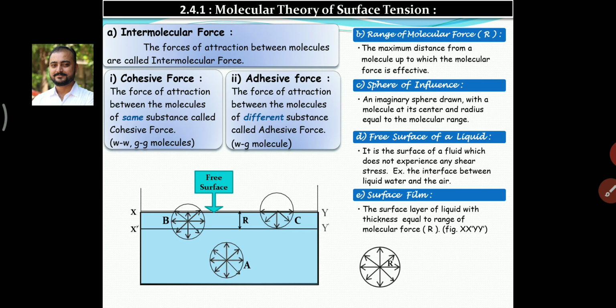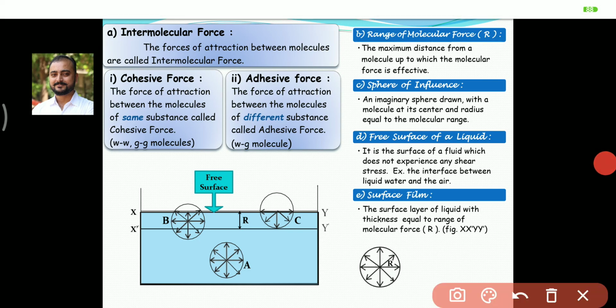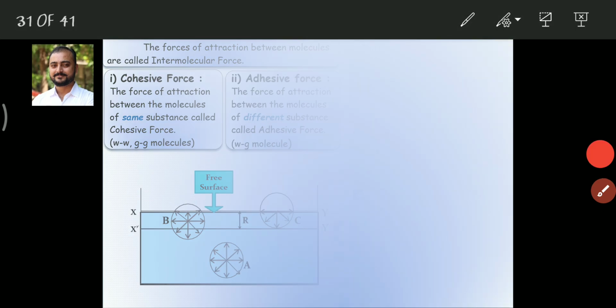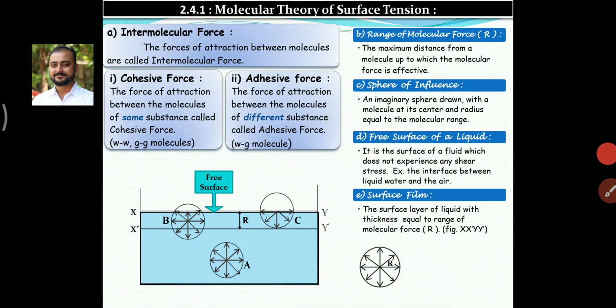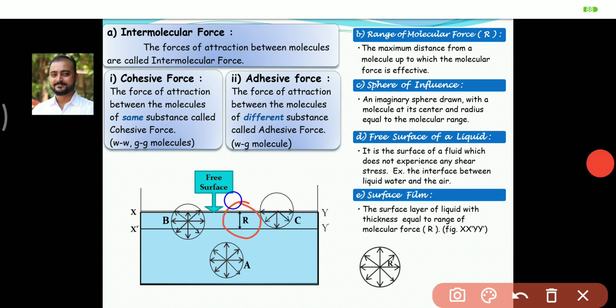The surface layer of liquid with thickness equal to the range of molecular force. As you observe in this diagram, this is your liquid layer, the free surface xy. From this free surface we consider a thickness equal to the range of molecular force.